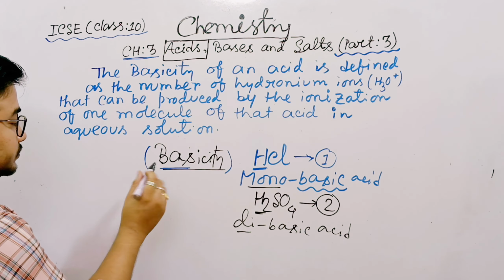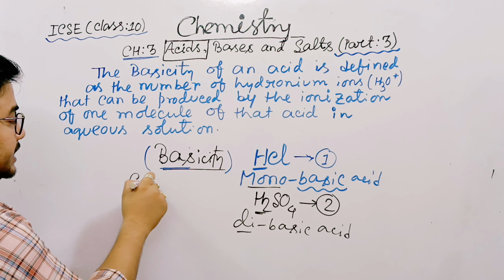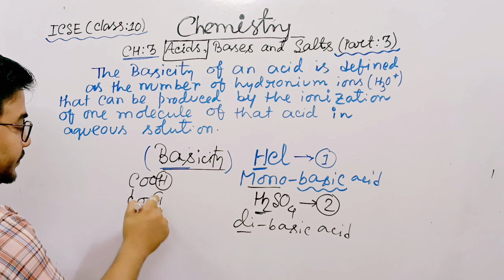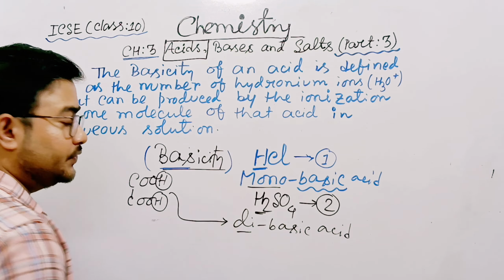Suppose oxalic acid, COOH twice, how many hydrogens? 2, so it is also an example of dibasic acid.